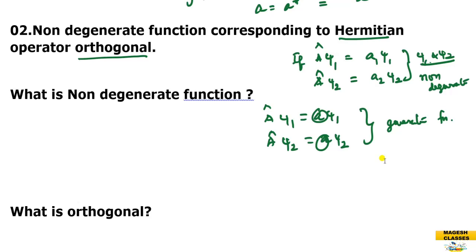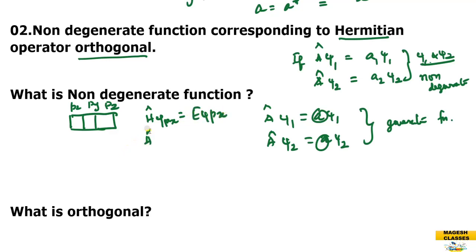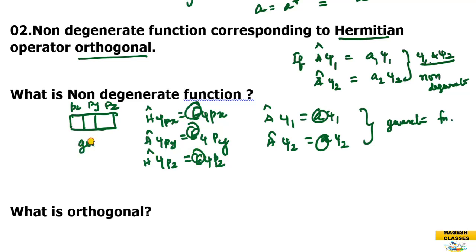One more example: suppose we are considering the p orbitals px, py, pz. The total energy operator on the px orbital gives E px, and on the py gives E py. So in all cases the energy is E, so it is a degenerate function.